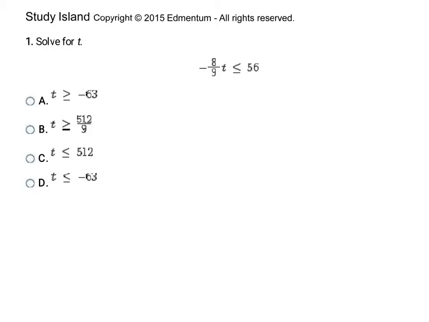And so that leaves me just a single t. However, I multiplied both sides by a negative number while I was solving. So that's going to flip the inequality to a greater than or equal to sign. And then 56 times negative 9 over 8 is negative 63, which in Algebra 1 you can use a calculator with a fraction button to help you with that or help check it if you need that. So my answer here is going to be A.